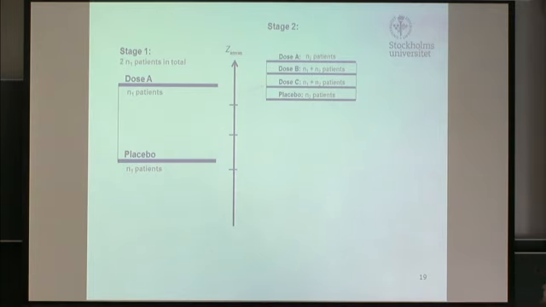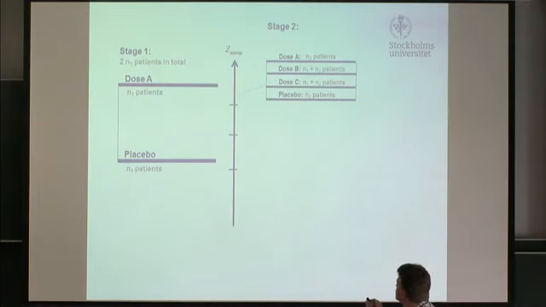So this is now the first part of the study. We have the interim observation, and if we have a large enough interim observation for Z, the conditional power is okay. We go to the planned study.